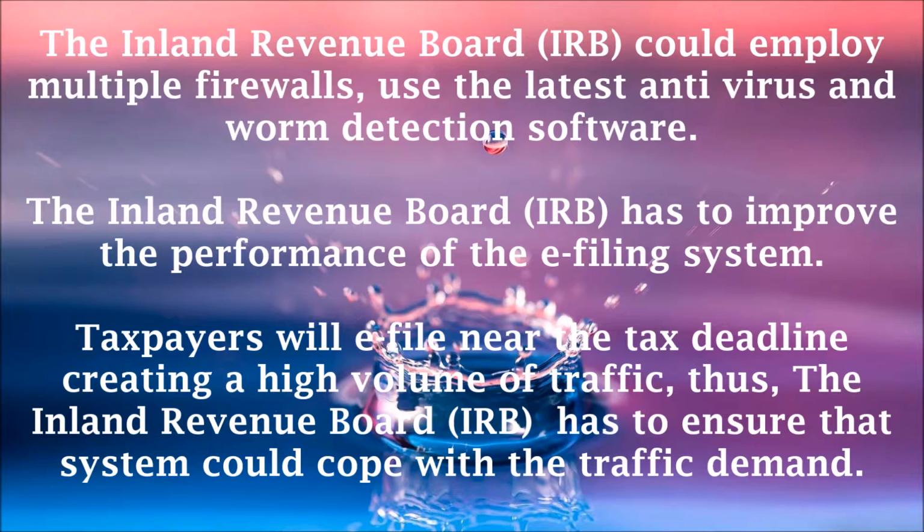The first one is information quality. For information quality, Inland Revenue Board must ensure that the information given to the people is always updated. And the second component is system quality, which consists of responsiveness and functionality.